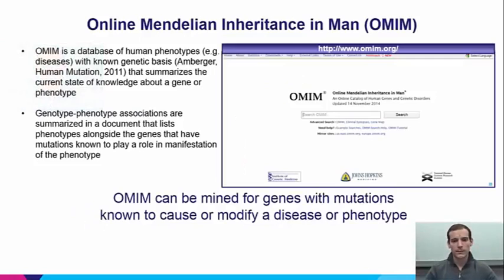The next resource is called the Online Mendelian Inheritance in Man, or OMIM for short. You can access this resource by going to this webpage shown at the right. OMIM is a database of human phenotypes, mostly diseases, that have a known genetic basis, and it's summarizing what's known about the phenotype or the disease and the genes that are involved.